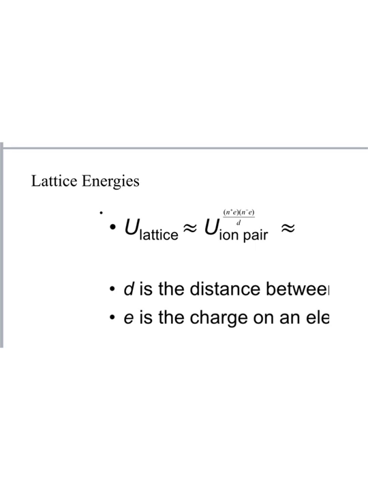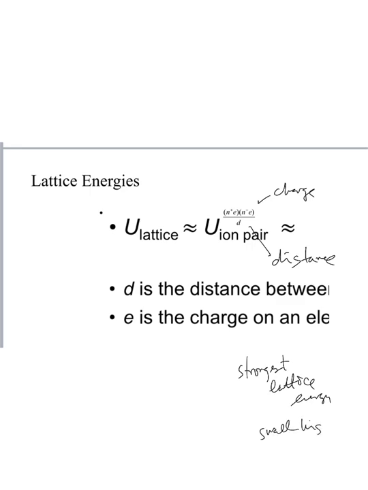This is basically just saying the strength of the crystal is going to be directly proportional to the charge and inversely proportional to the distance between the atoms. So what would be the strongest lattice energy? It's going to be small, high charge.